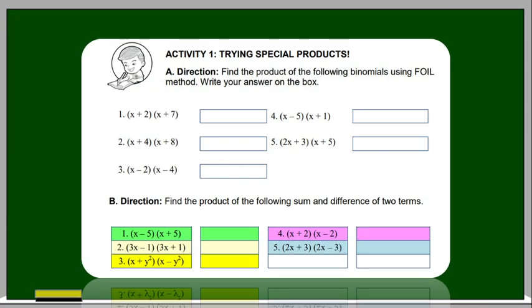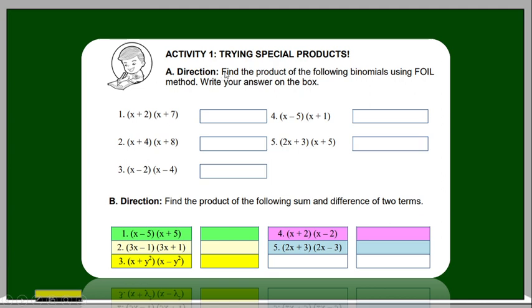Okay, so in your activity sheets, doon sa quarter 2, week number 6, meron tayong mga sasagutan doon. So, activity number 1 entitled Trying Special Products.